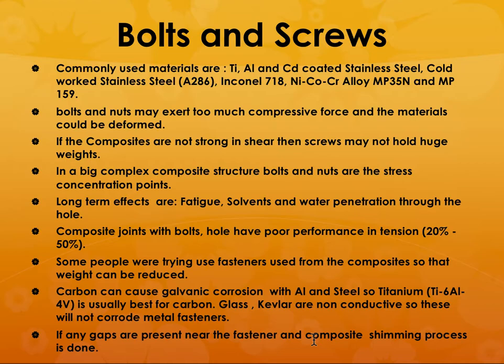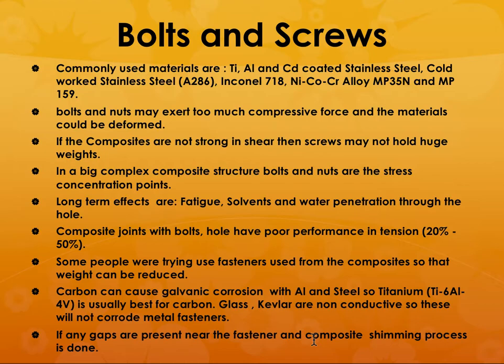And if you have aluminum, aluminum can cause galvanic corrosion with carbon fiber. And it is not a good thing. And if there are gaps present between the fastener and the composite, you have to use what is called a shim. I don't know if you know what a shim is. A shim is a very thin sheet of material, and you would slip it between two panels which are going to be joined.